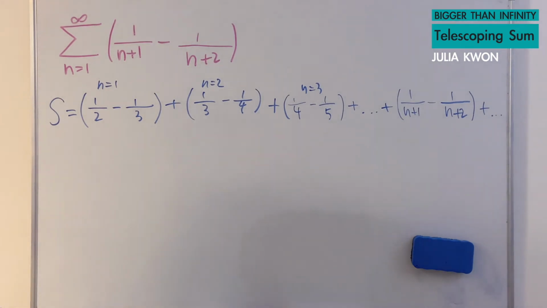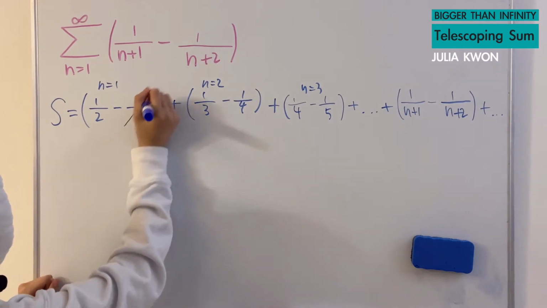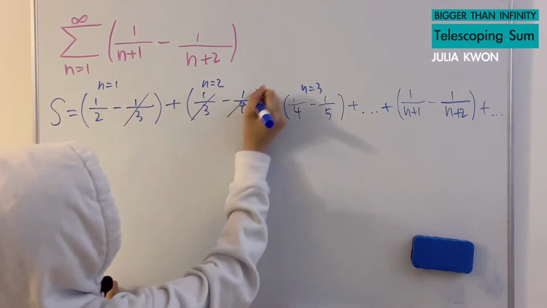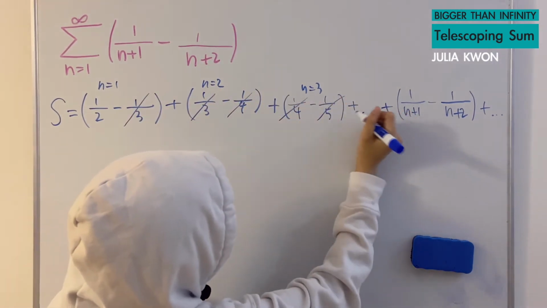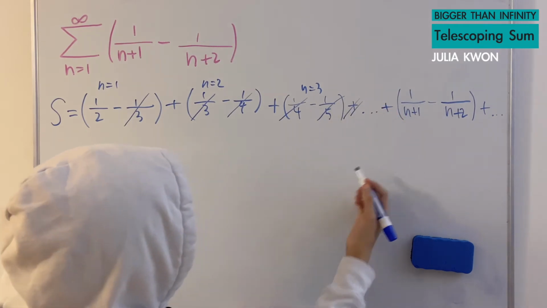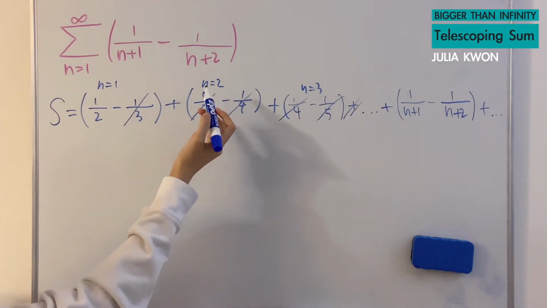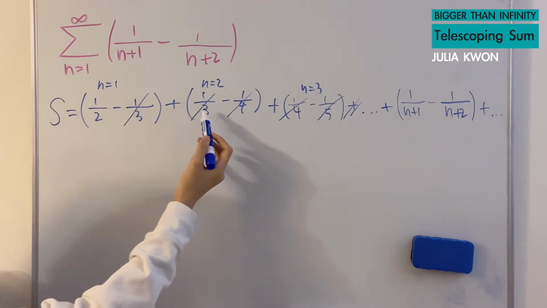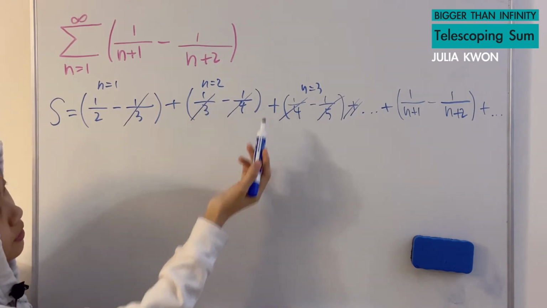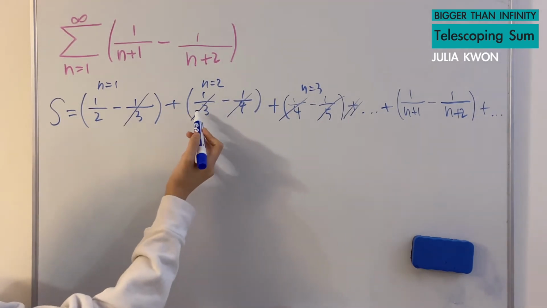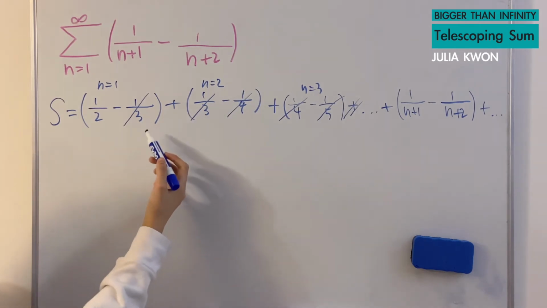So as you can see, we can cancel all our things out. For example, the 1 over 3s, the 1 over 4, 1 over 5, all the way in the back. Whenever you have a term that is in the front of a parenthesis, it will cancel out with the next thing that is in the back.